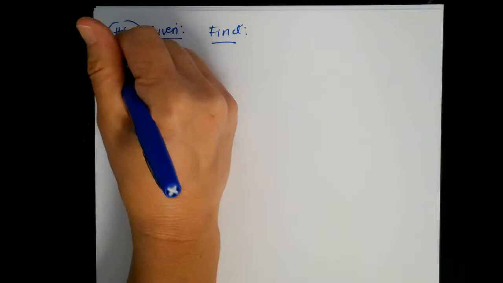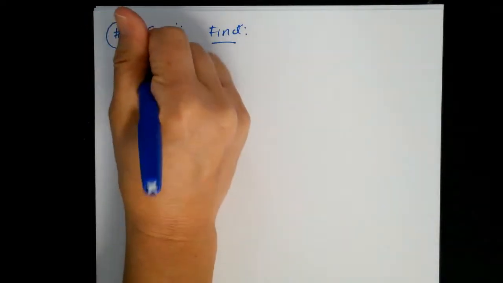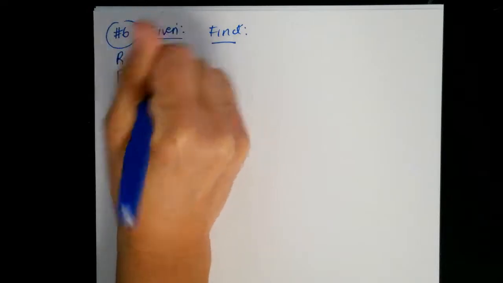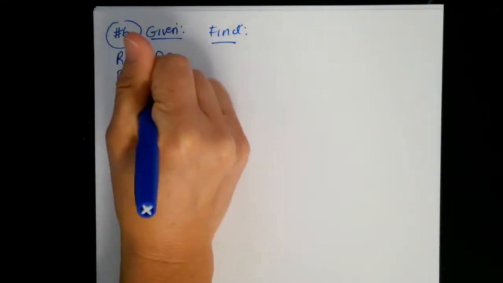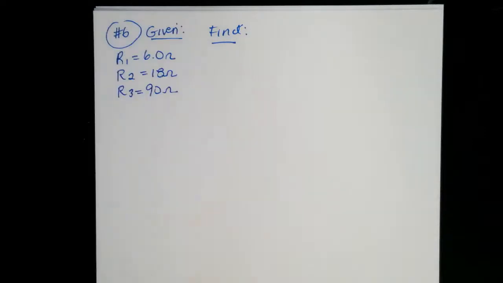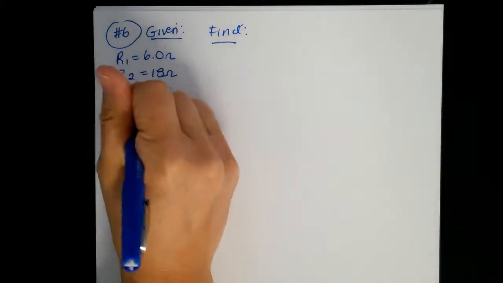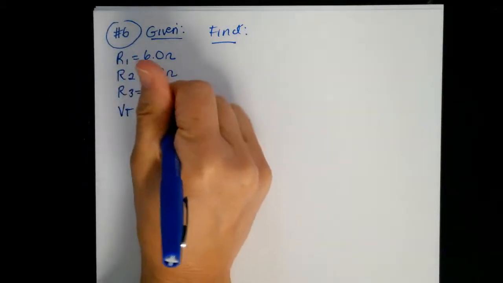So I'm going to say R1 is equal to 6, R2 is equal to 18, and R3 is equal to 90, across a 36 volt potential difference. So the battery is equal to 36 volts.